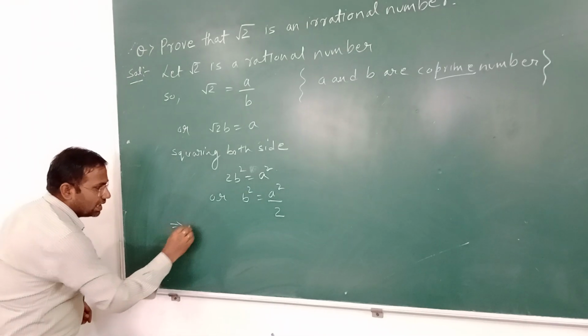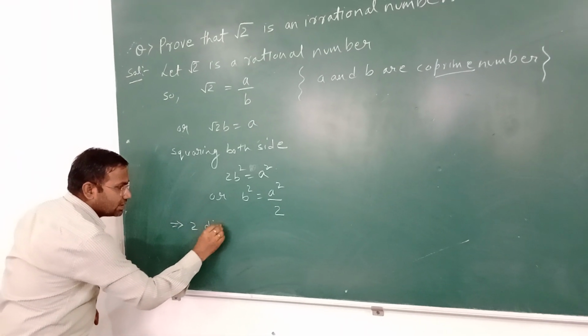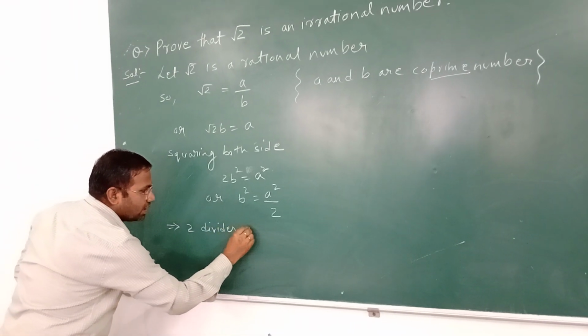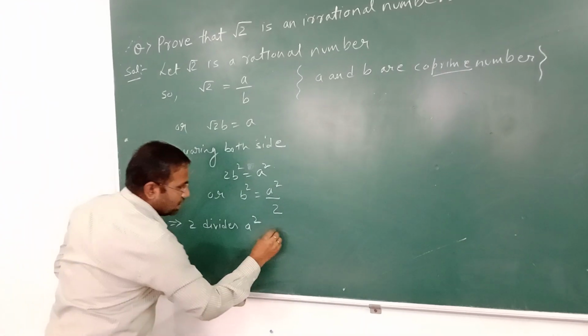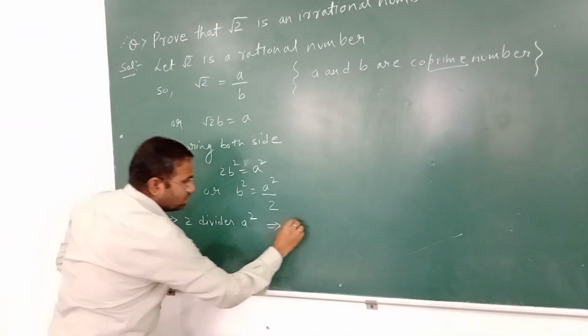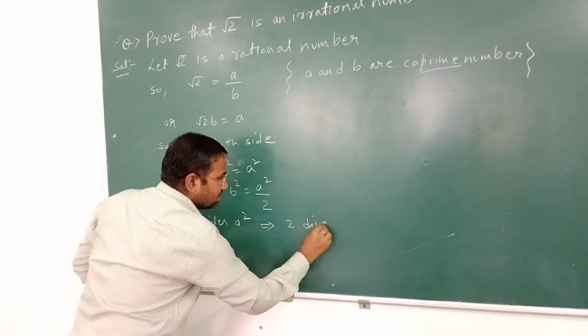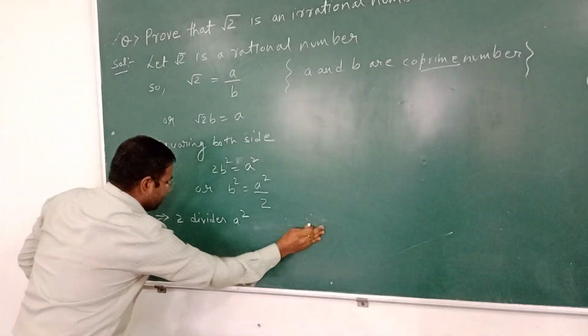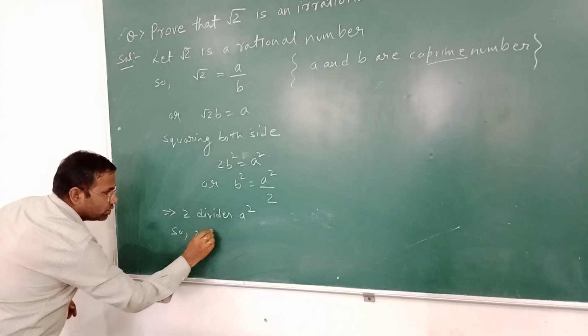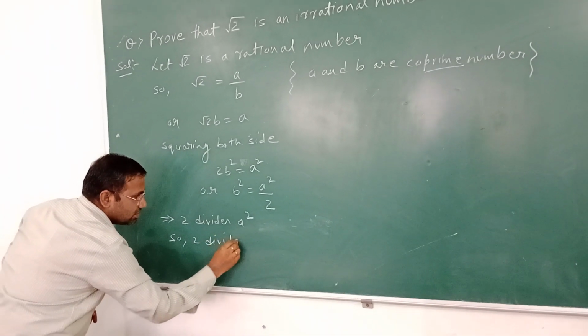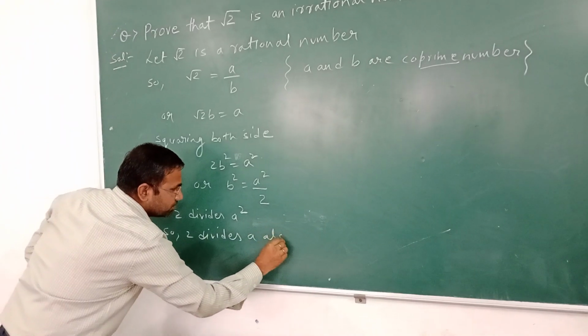So this implies that 2 divides a square, and that implies 2 divides a also.